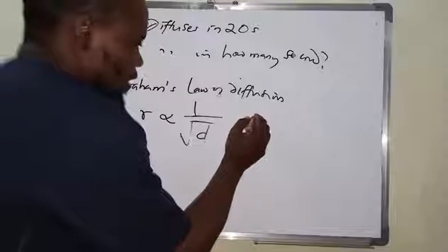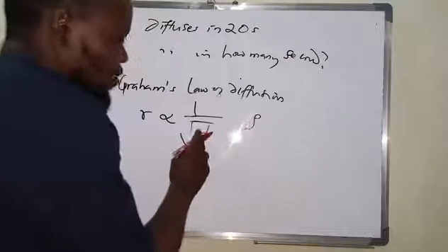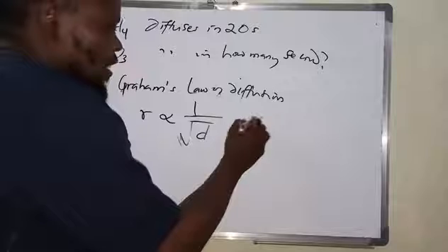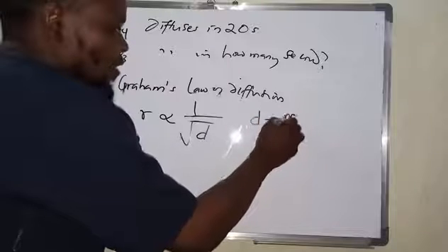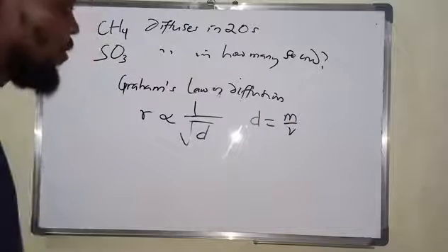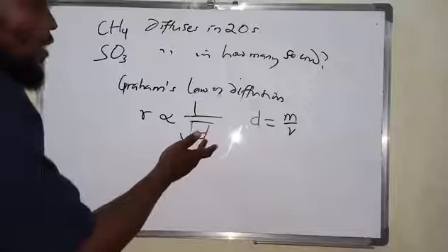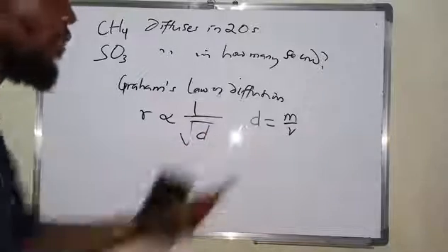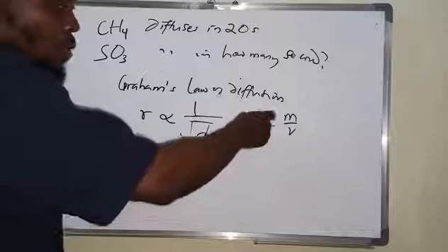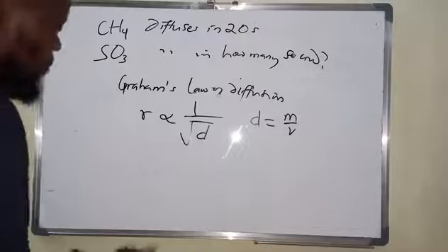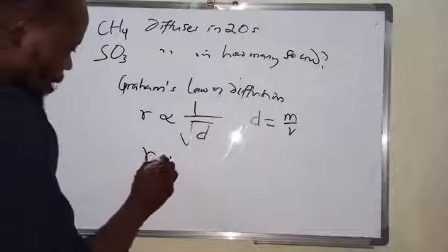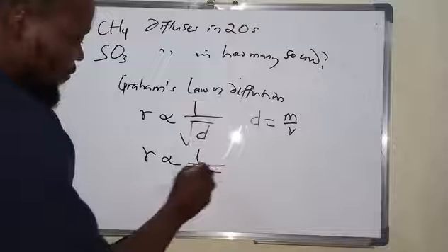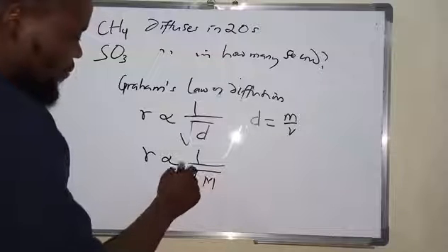We know that density, which we represent with D here, is mass over volume. So we can decide to write mass in place of density, because density is directly proportional to mass. So this can as well be written in terms of mass.